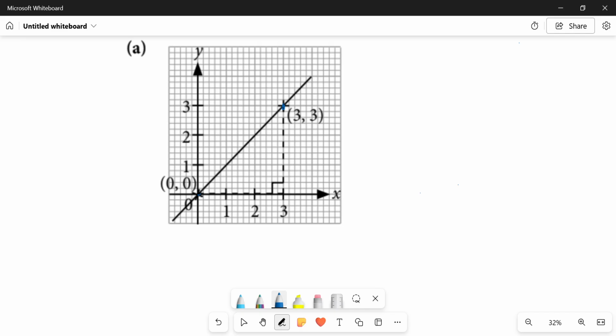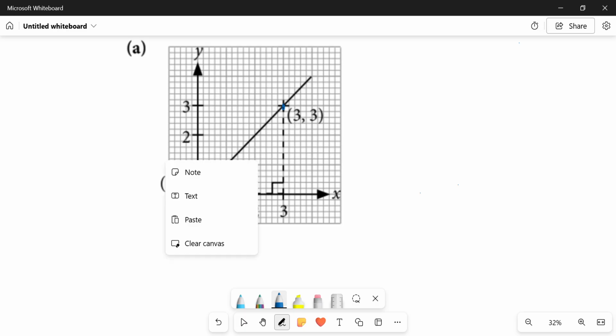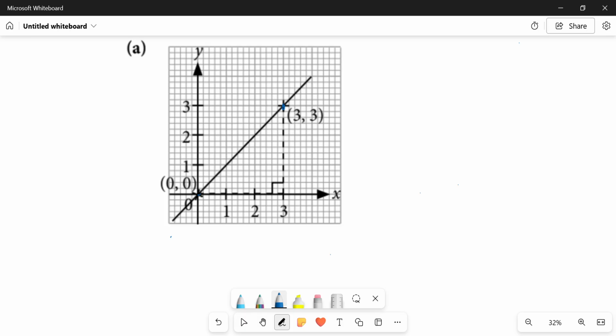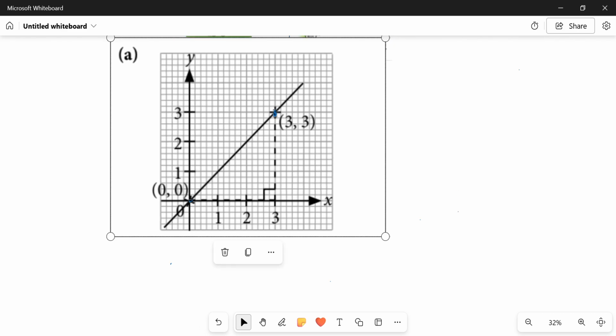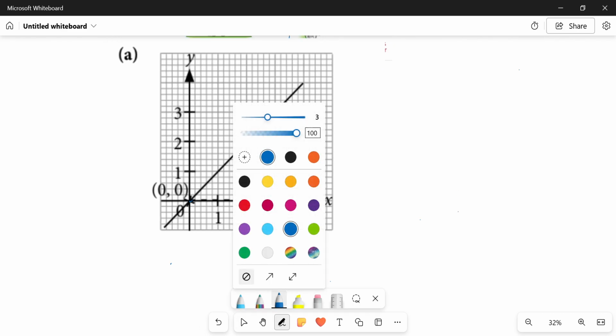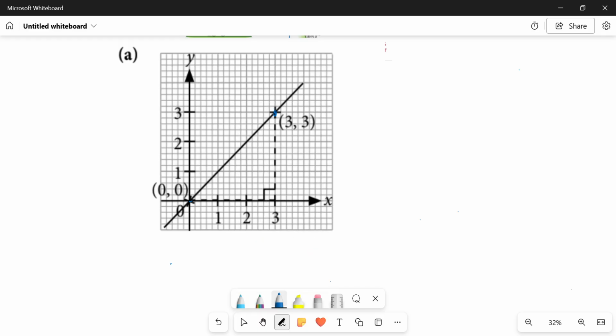So here the line moves from this side upward, so the gradient is positive. अगर लाइन नीचे आती है आपकी तो वो ग्रेडियंट आपका नेगेटिव होता है, right? But right now the line passes upward, so the gradient is positive here. Achha. So we have found 2 points here.